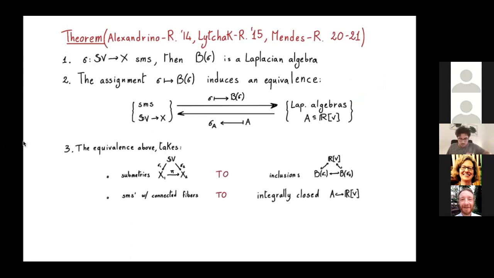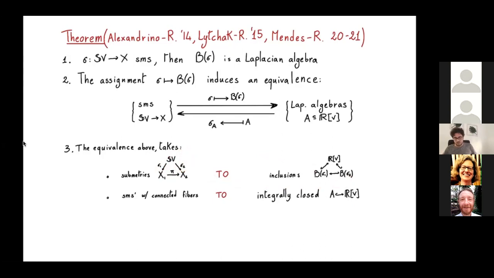Okay, so the third point in this theorem is that we can already start to see some correspondence. In here, as I was saying, these are somehow functors, and what it means is that we can take two manifold submetries, and if we can connect them by a submetry that makes the whole diagram commute, then the two corresponding algebras are included into one another.